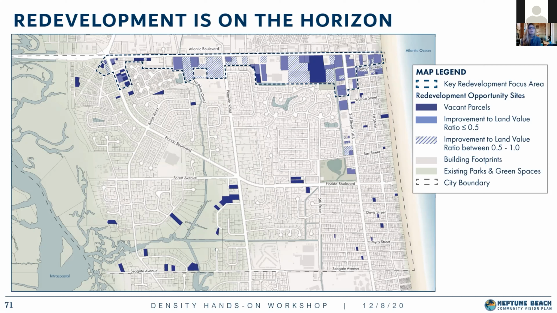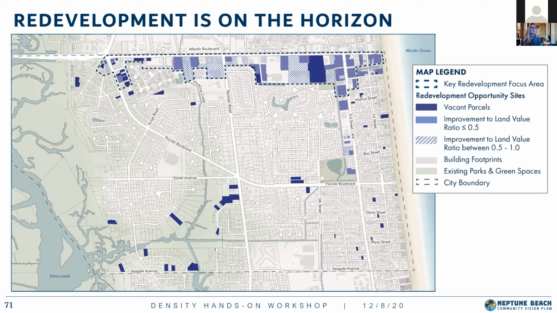If you purchased a parcel that has a building on it, that building has a certain value. Say you invest in repairing it or build an addition; all of that is considered investment you've made to your property. If the investment you've made is significantly less than the underlying value of the property to begin with, then that property is more likely to be redeveloped.